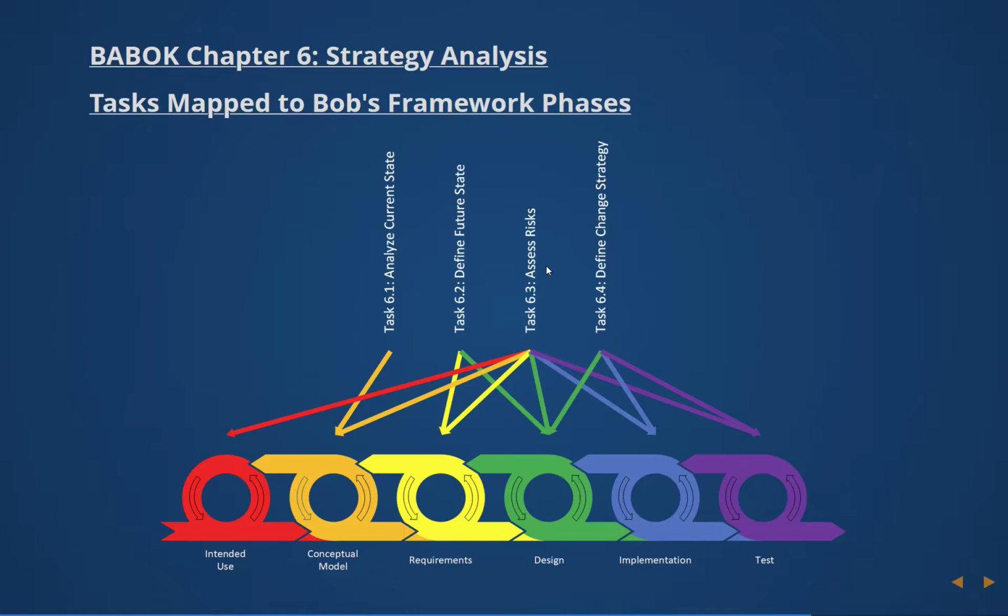Then we assess risk. The way I think about it is we do that through the entire life cycle or the entire engagement. And then we define our change strategy, and that involves design, implementation, and test, all of which again are done iteratively.